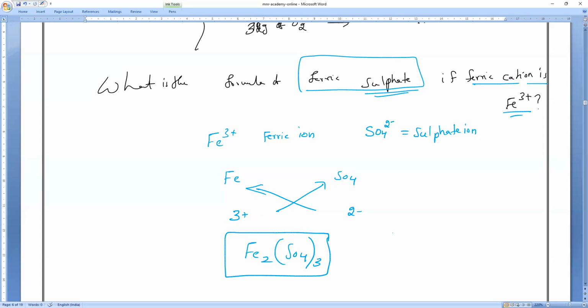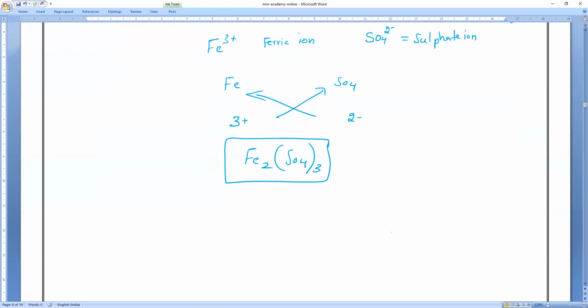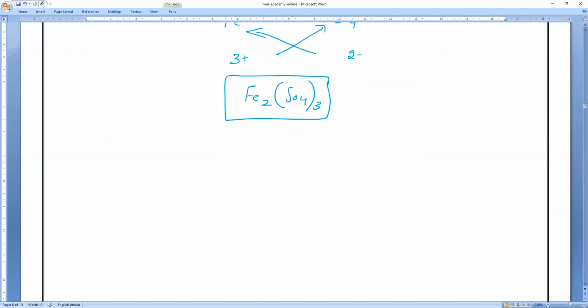Now, till now you never experienced this question, but I am asking you. You can write it. What is the elemental composition of sodium sulfate? First time you might have heard this.